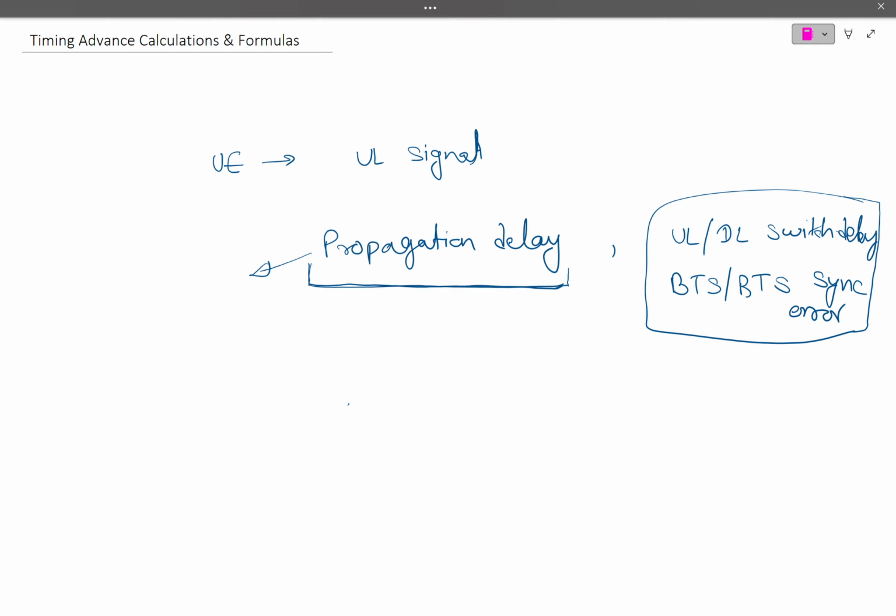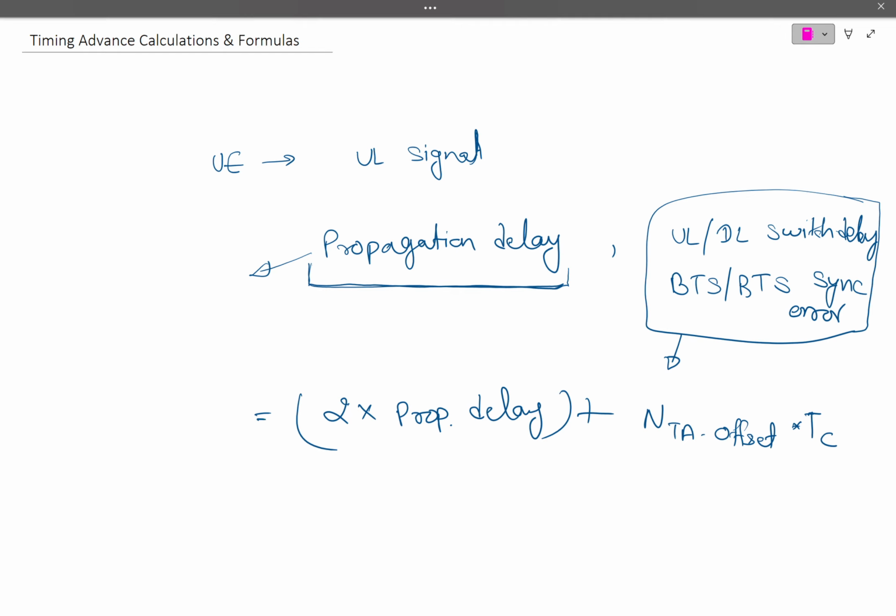So UE has to send the signal in advance by 2 into propagation delay plus this parameter we have represented in terms of N_TA offset, which is represented in terms of Tc. Okay, so this much time UE has to advance the uplink signal.